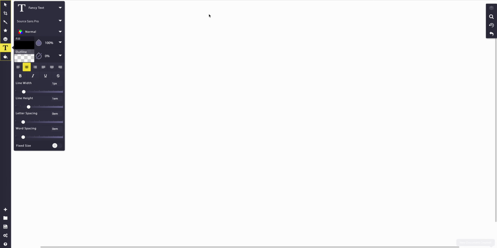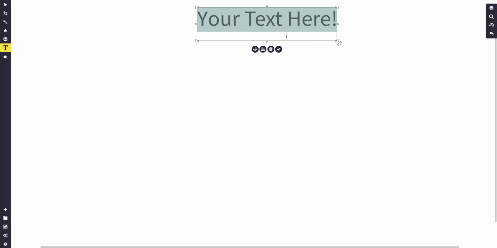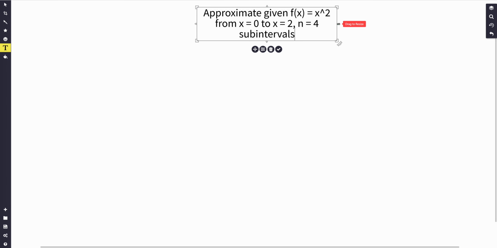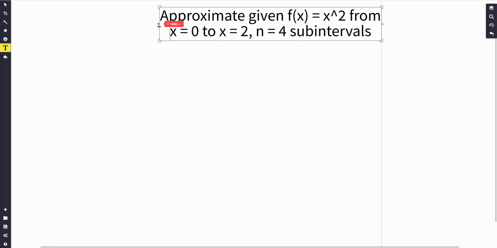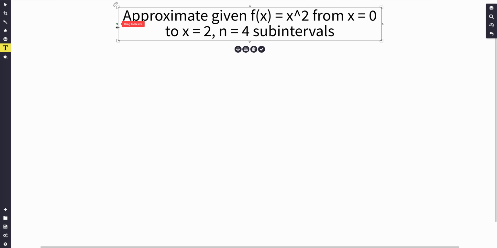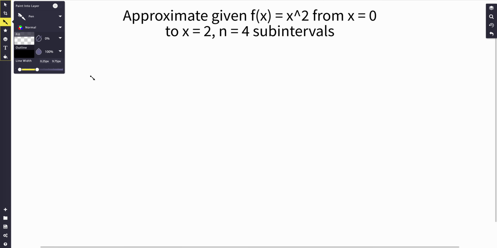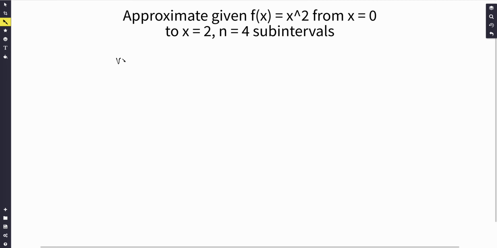Midpoint sums are the same concept, but you basically have to use the midpoints. So we're going to use the same problem. How do we get the x values here? What I usually like to do is create a chart for the x values. We already know the n value, the subinterval of 4, and that it's from 0 to 2.